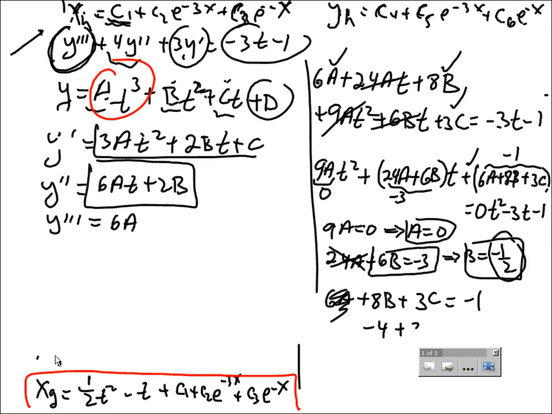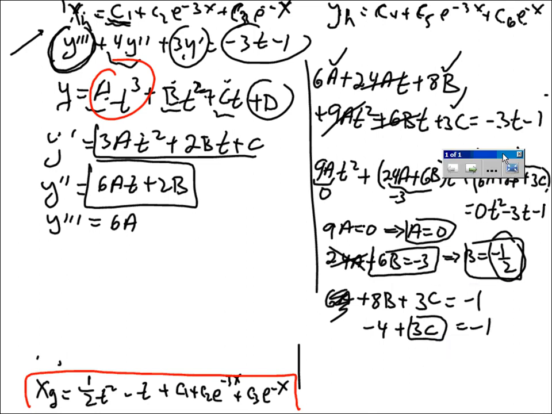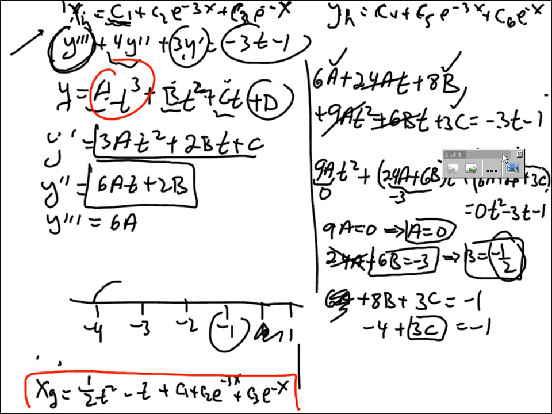Negative 4 plus some unknown number is negative 1. Negative 4 plus what gives you negative 1? I need to add 1, 2, 3. So 3c must be 3. 3 times 1 is 3. So c is 1.